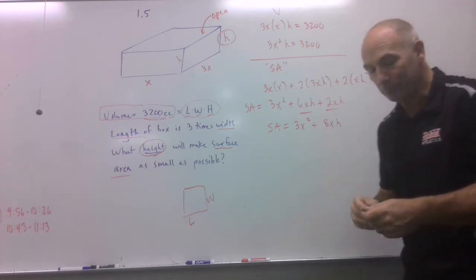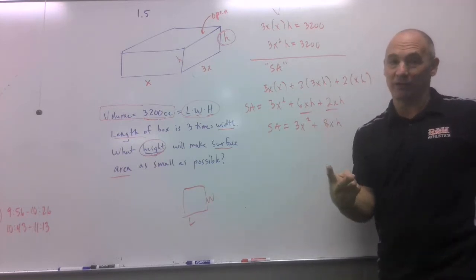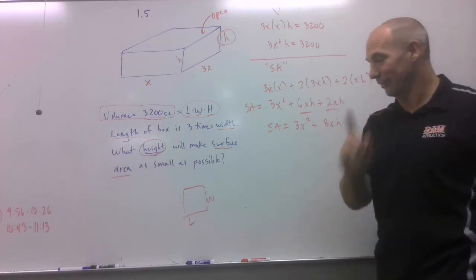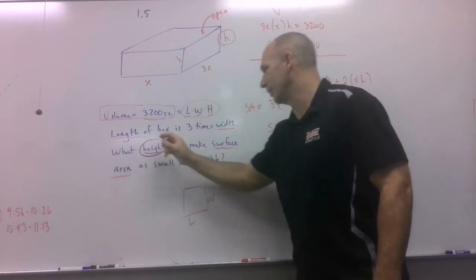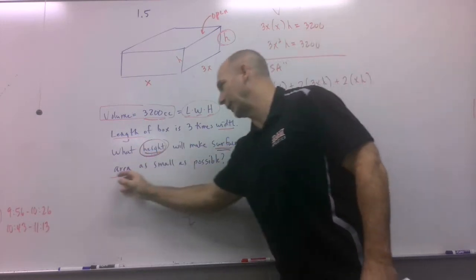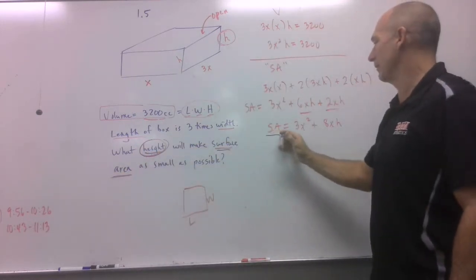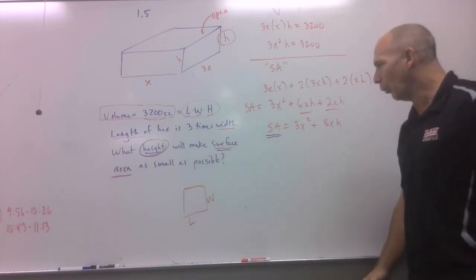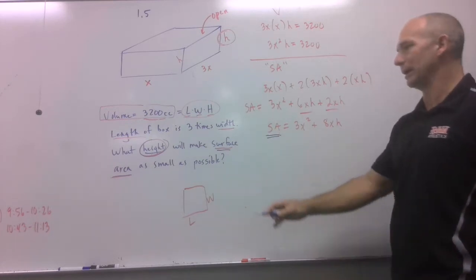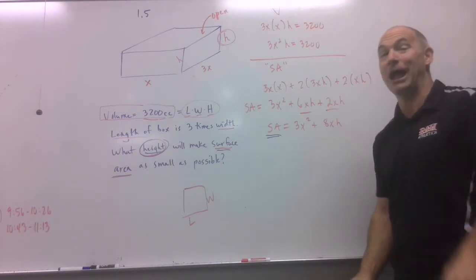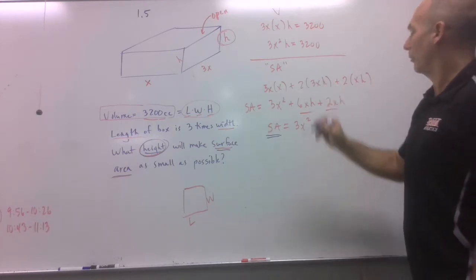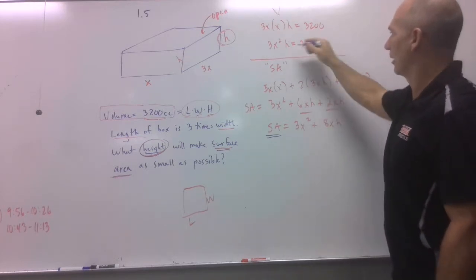All right. We have 2 equations now. The problem, listen carefully, says what height will make the surface area, so they're talking about the surface area, as small as possible. So there's a lot going on here. What we're going to do is use substitution.